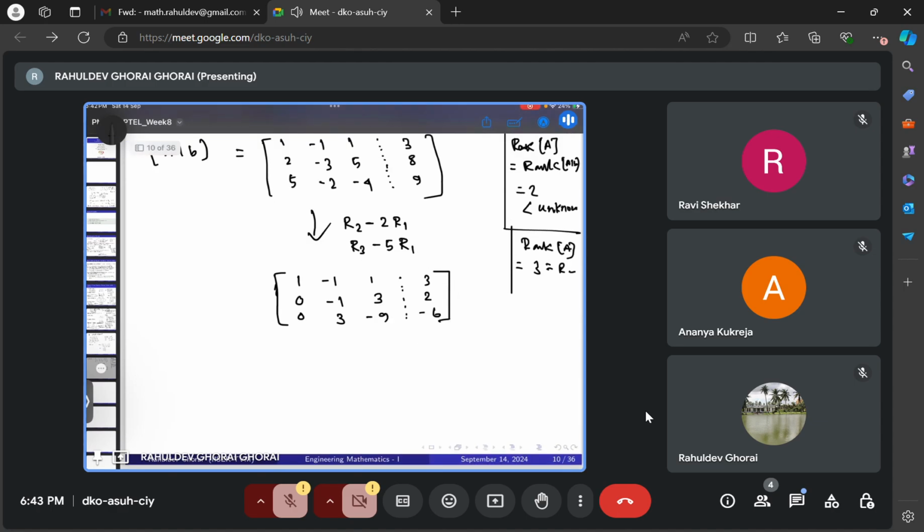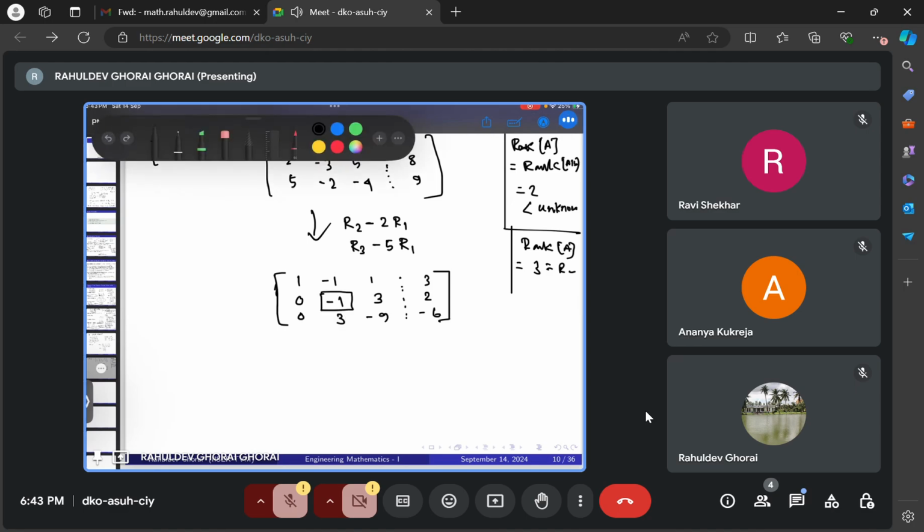Now in the first row, the first non-zero element is 1, and below it everything is 0, so not a problem. But in the second row the non-zero element is minus 1, and below it is not a 0 element.